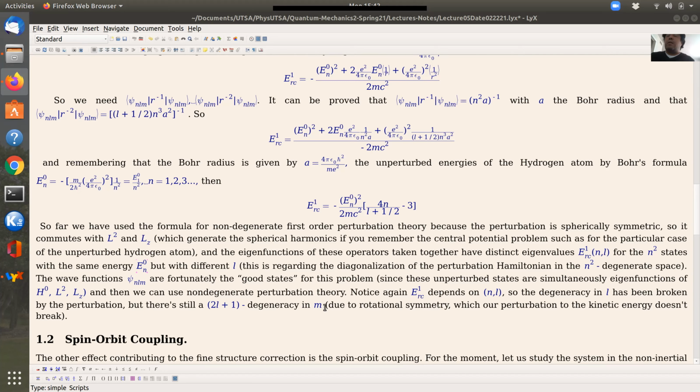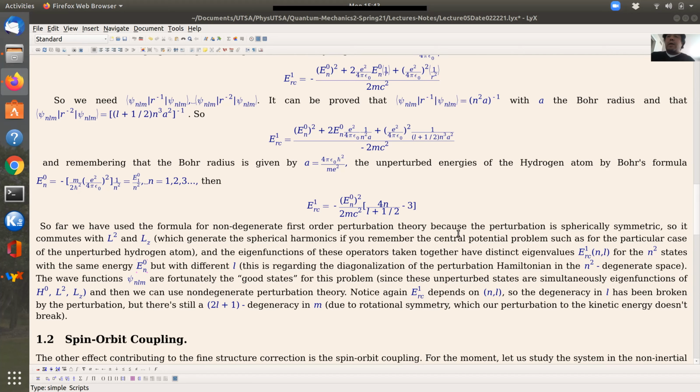They have different quantum numbers, and their energies are still the same, because m is not appearing here. So up to a point, we have broken degeneracy as far as n and L are concerned, but not in m. This is related to rotational symmetry, and the perturbation to the kinetic energy made by the relativistic correction doesn't break it.